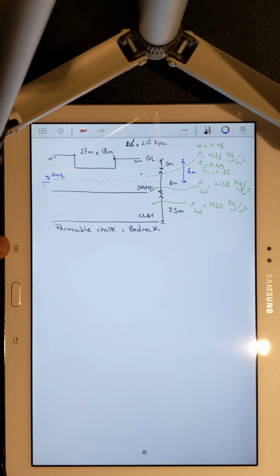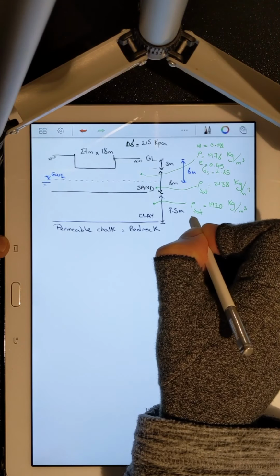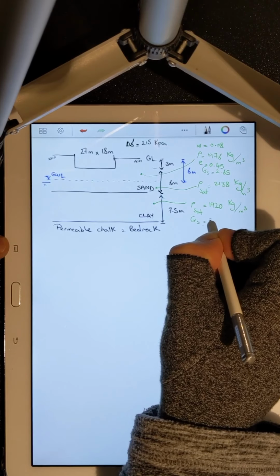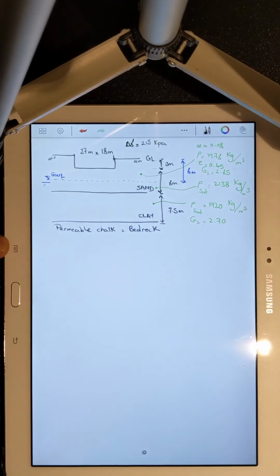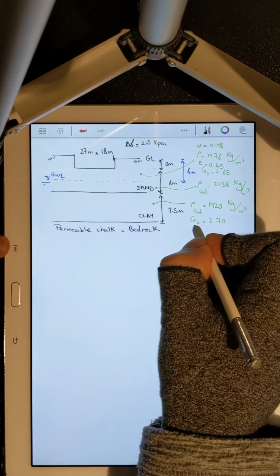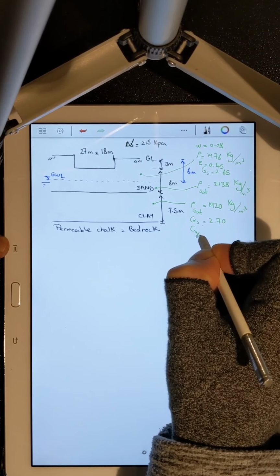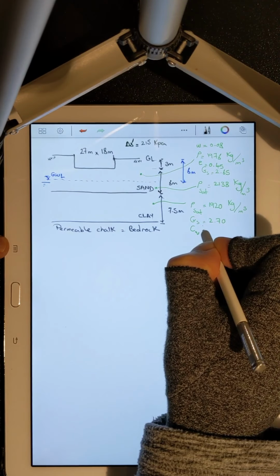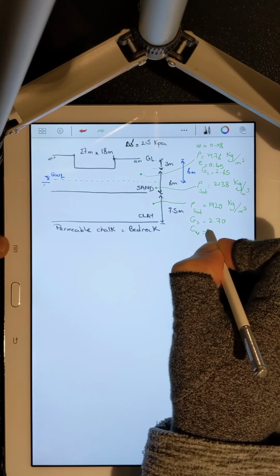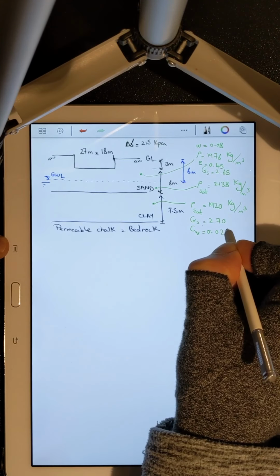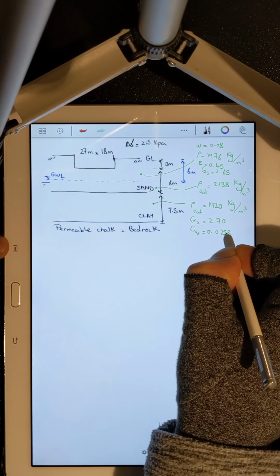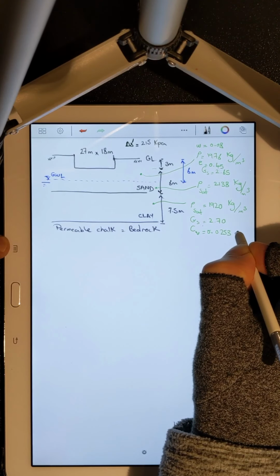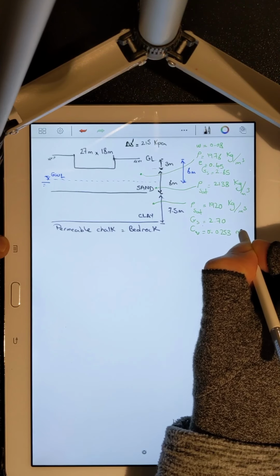For the clay layer, I have a slightly higher specific gravity, as it normally happens, 2.7. And the average coefficient of consolidation is 0.0253 millimeters square over second.